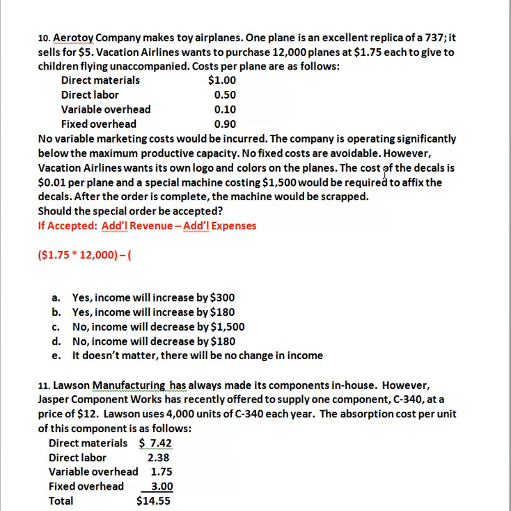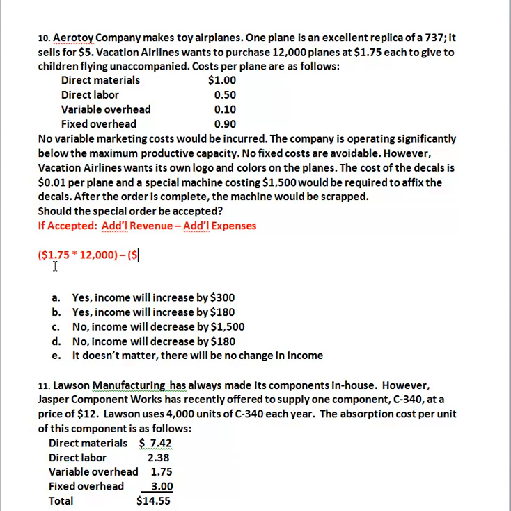As far as the additional expenses go, we can look at our variable costs. Obviously, direct materials is relevant, direct labor is relevant, variable overhead is relevant. However, fixed overhead is not. So you have $1 plus 50 cents plus 10 cents plus this penny over here, because in addition to the normal material, labor, and variable overhead cost, we also have the cost of the decal, which is going to cost us an extra penny.